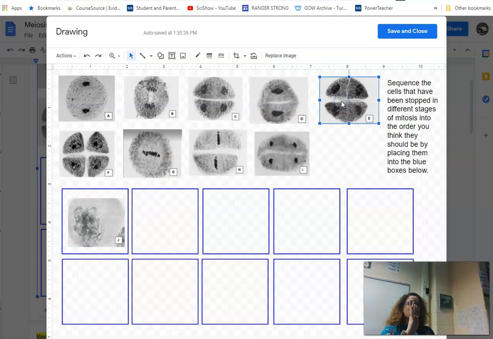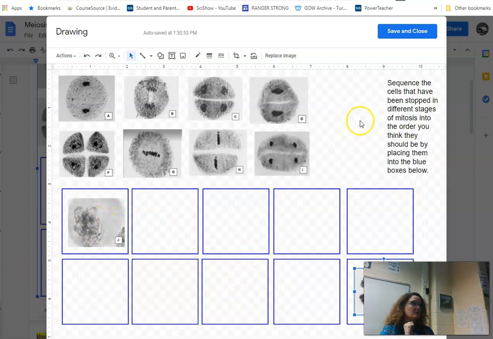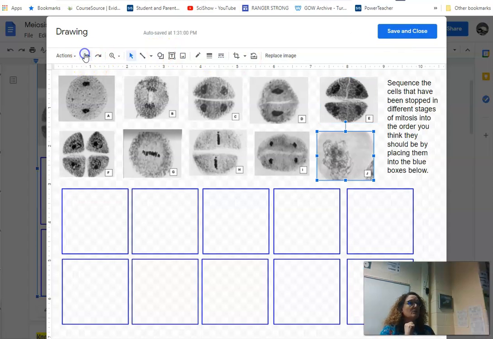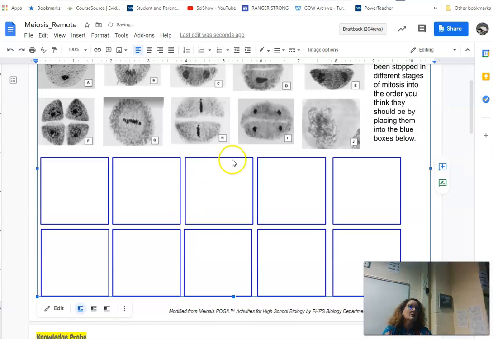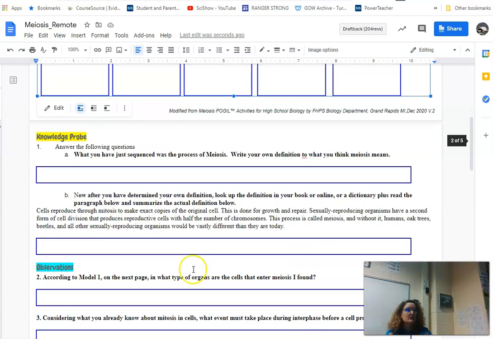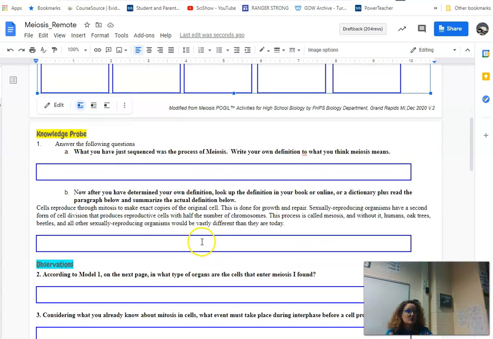This is going to be your last picture. You're going to put them in order from this one to this one, sorting in between. When you're done, you'll click Save and Close, and your sorted pictures should be in these boxes. You're then going to go through and answer these questions and think about that.